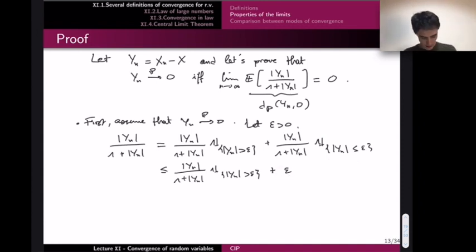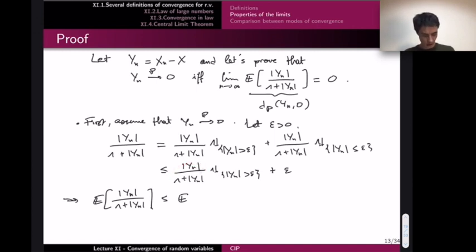Okay, and now you see I have this quantity here. So if I take expectations on both sides, I get that the expectation of Yn divided by 1 plus Yn is less than the expectation of the following. I already said that this quantity is obviously smaller than 1. This is a divided by 1 plus a, and so for any a which is non-negative, any real number which is non-negative, this quantity is smaller than 1.